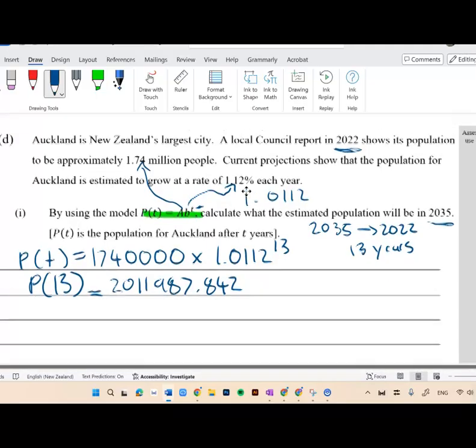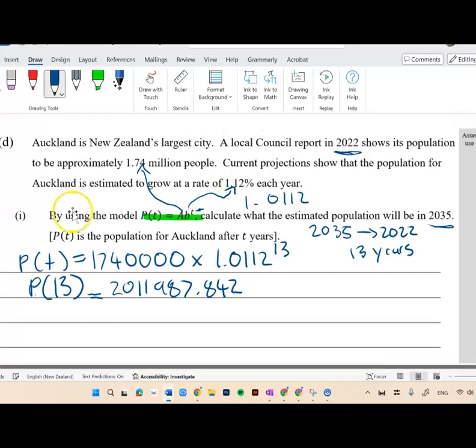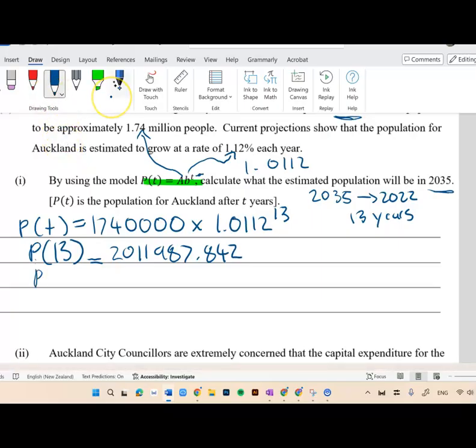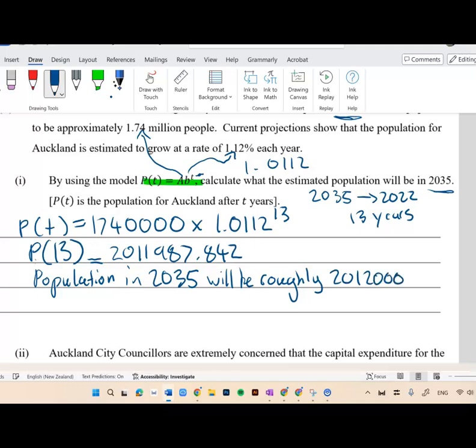So you could go on and write, population in 2035 will be roughly, let's just round it up a bit, 2 million, or you could write just over 2 million.